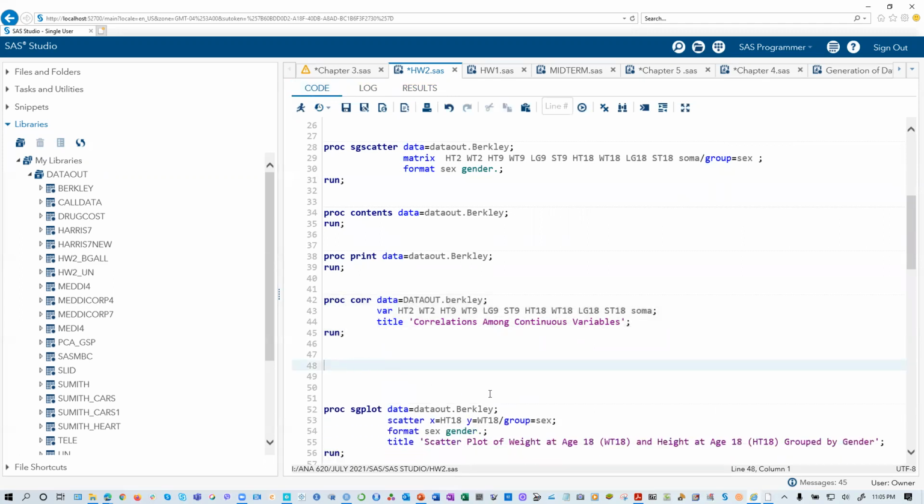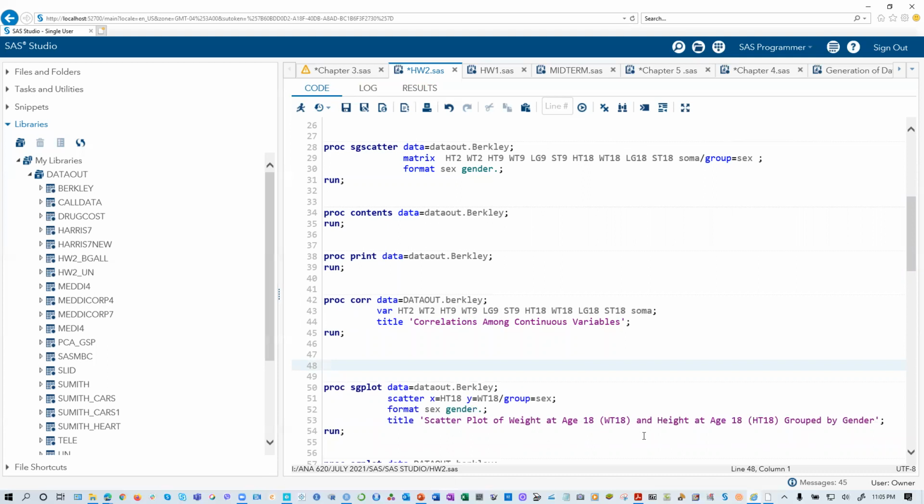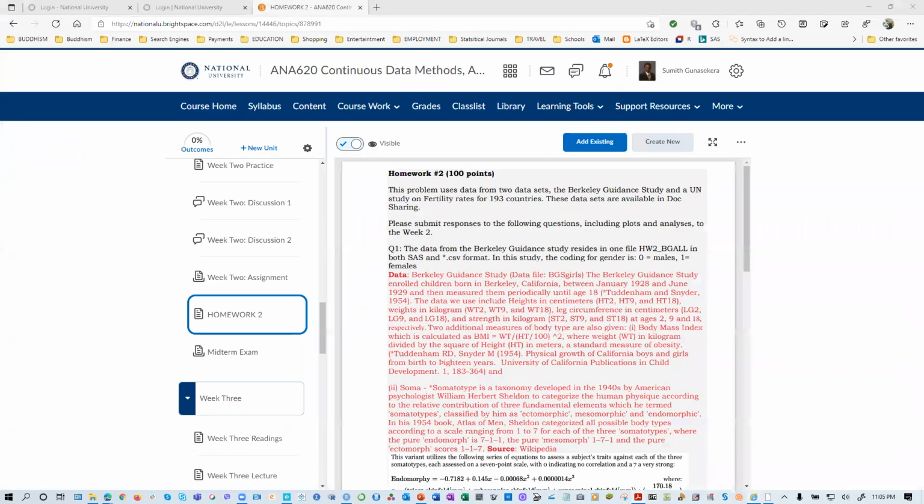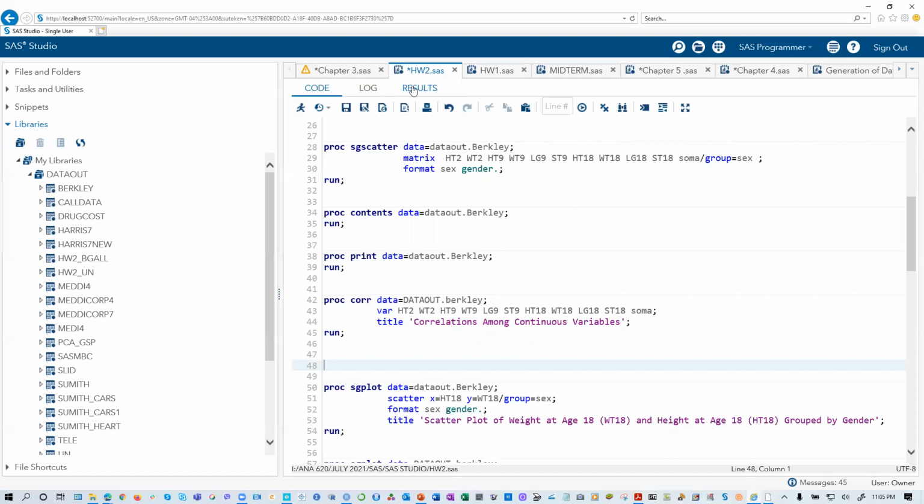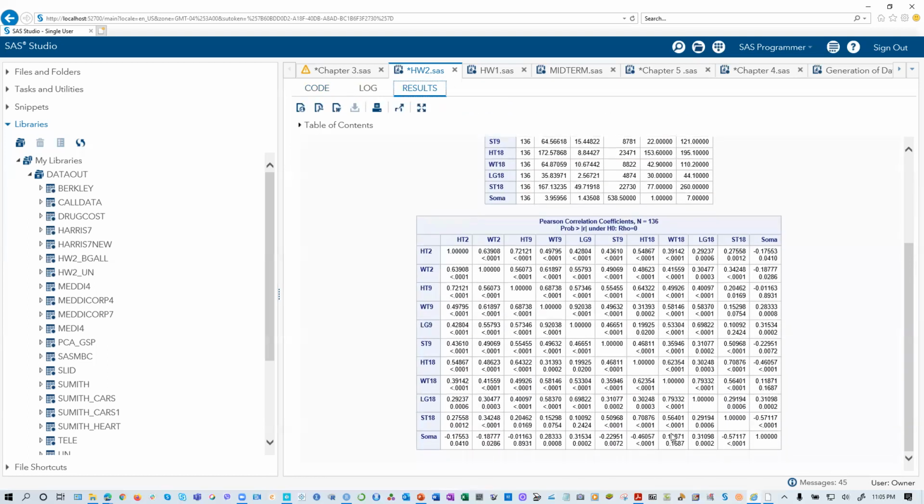I'm going to run this one. Okay, and then LG18. Sorry, no, height 18. I'm sorry. Why the height 18? Which one? Hold on. Did I look into this one carefully? Okay, this one again. They say, generate two simple linear regressions that predict WT18, but I prefer the one which had the highest correlation.